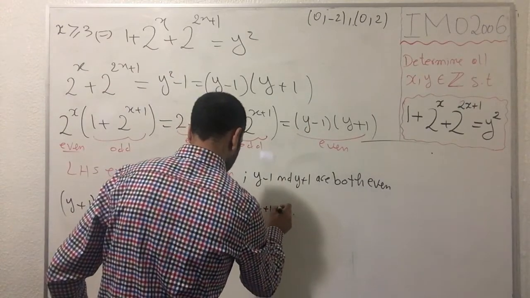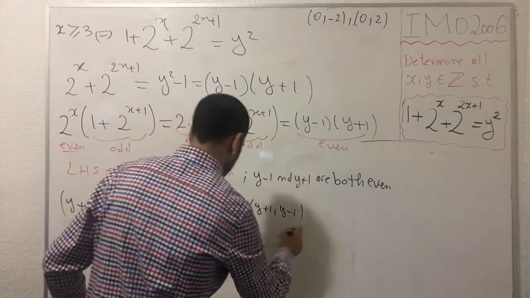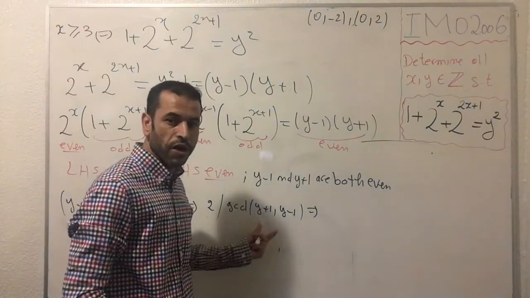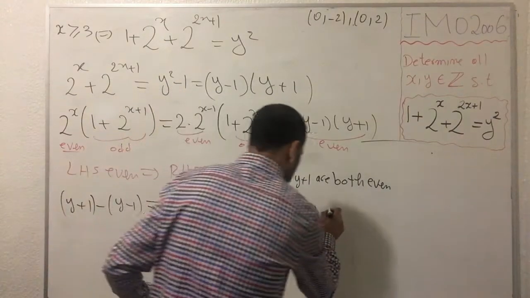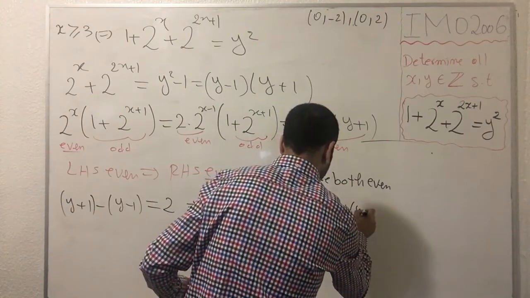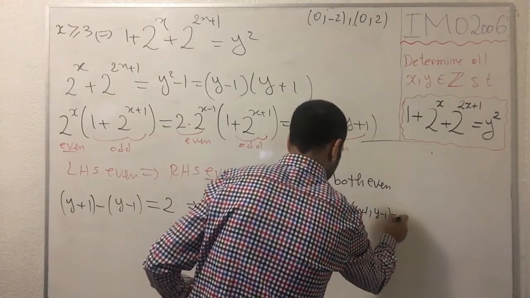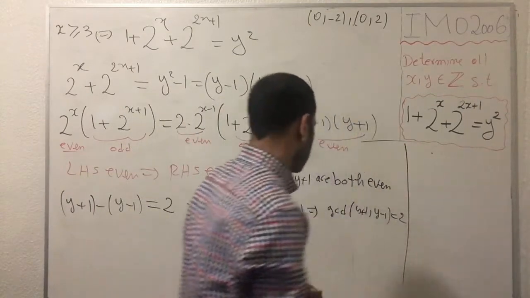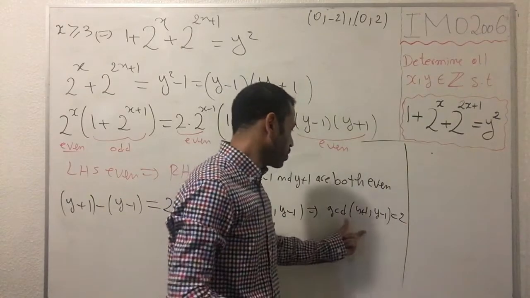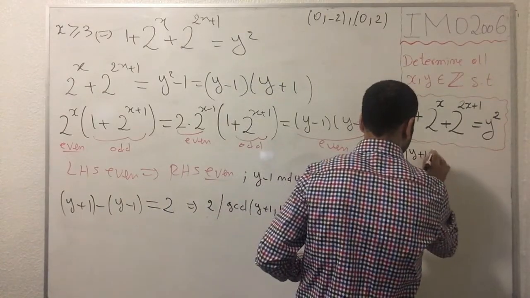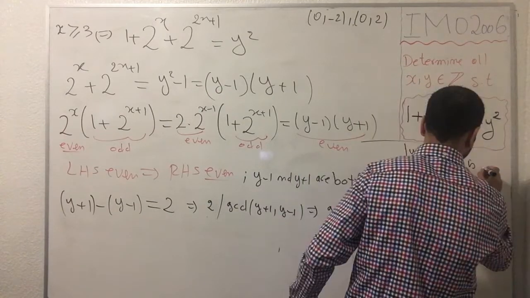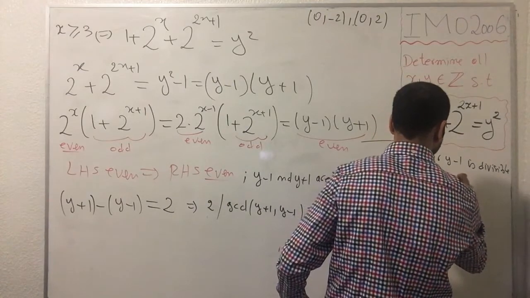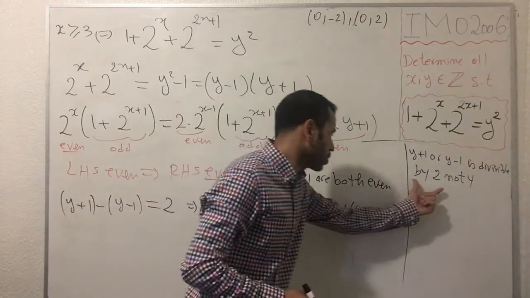Since these two numbers are even, the GCD is 2. So the GCD of y plus 1 and y minus 1 equals 2. That means one of these numbers, y plus 1 or y minus 1, is divisible by 2, not 4, because of the GCD.